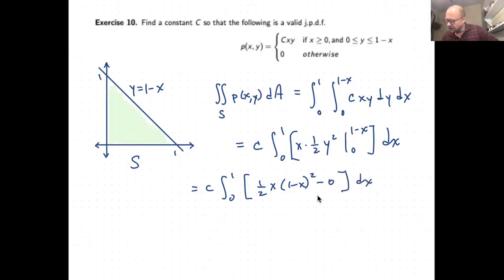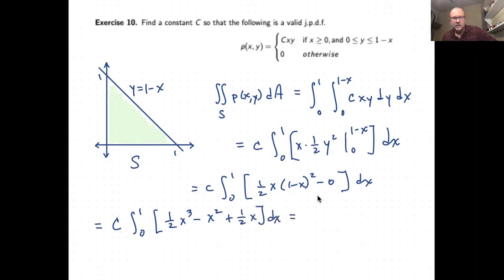So then times the dx, and it would probably be convenient here to expand that all out and have the 1/2 x cubed minus 1/2 of the 2x squared, so just x squared, and then plus 1/2 x dx.